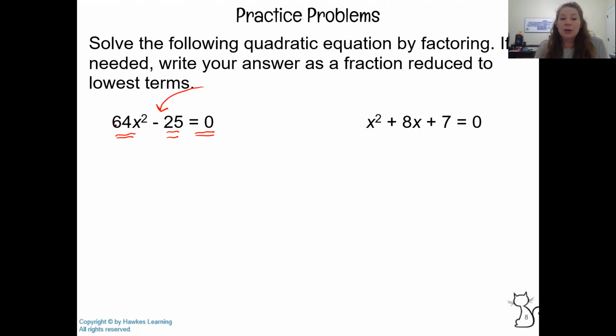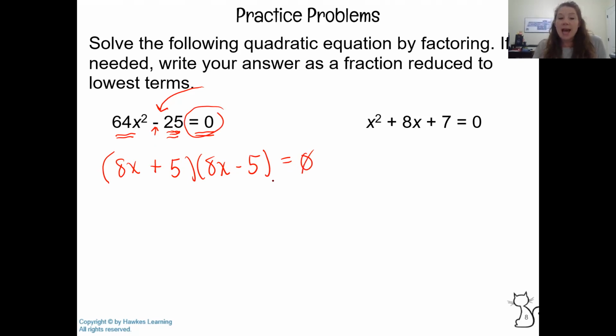I'm going to find the square root of 64x squared, which is 8x and 8x. I'm going to find the square root of 25, which is 5 and 5. And since I have a minus sign here, that means that one of these gets a plus and one gets a minus. Now, like I said, the only difference now is that they added an equals 0.